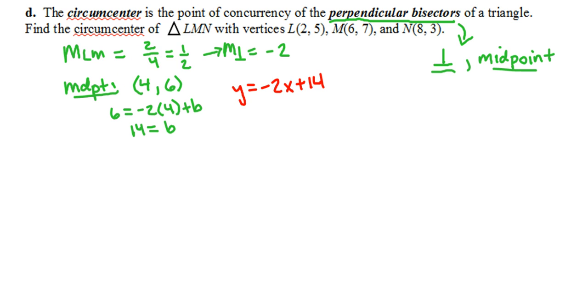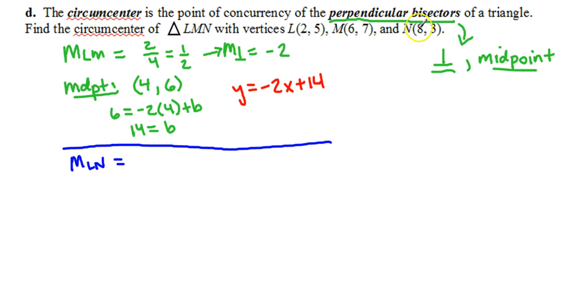Alright, my next one that I'm going to use here, again, it doesn't matter. I'll pick LN, just because I feel like picking LN, I guess. The slope of LN, we need that, and then we need to find the opposite reciprocal because it's a perpendicular bisector.